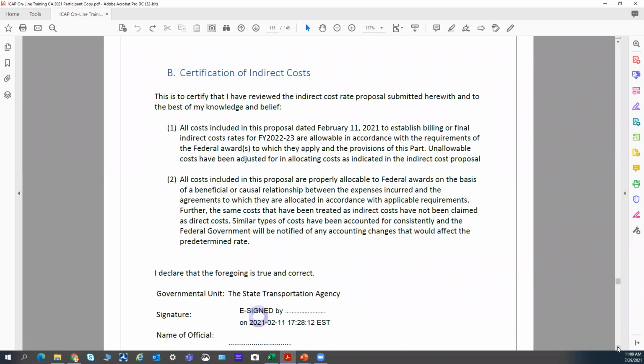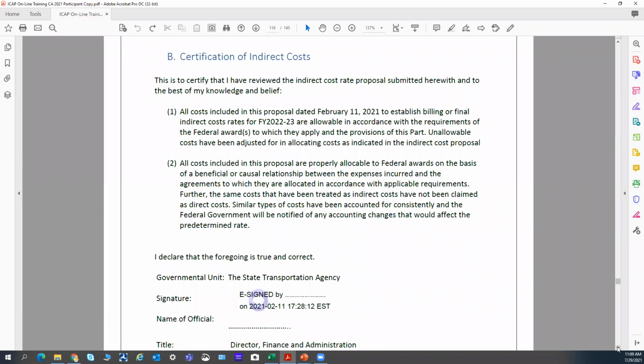Okay, this is a quick one here. Certification of indirects. Now, all of this stuff is, like I said, required as being part of the package: the letters and so on and so forth, the type of rate, the period. But then we get into the certification. This is right out of Appendix 7.